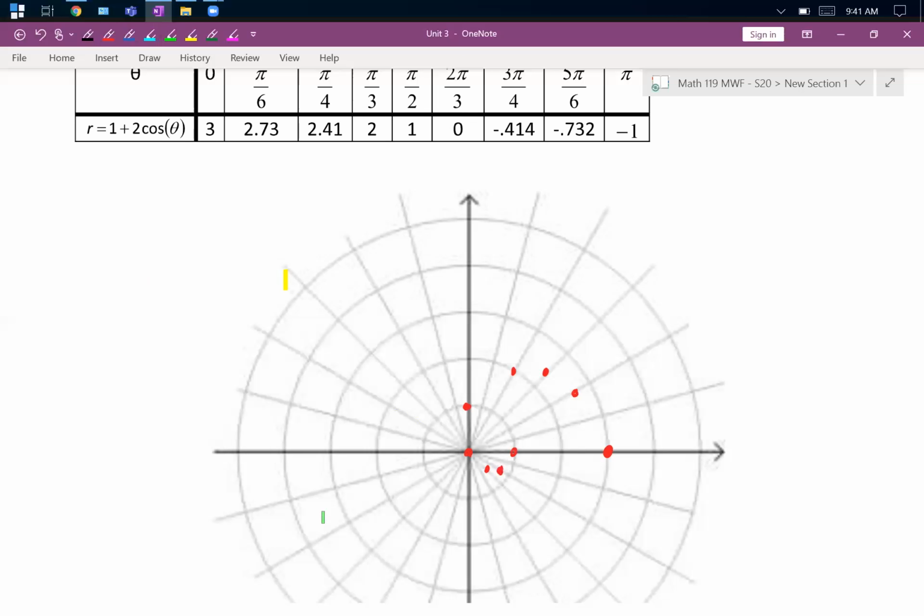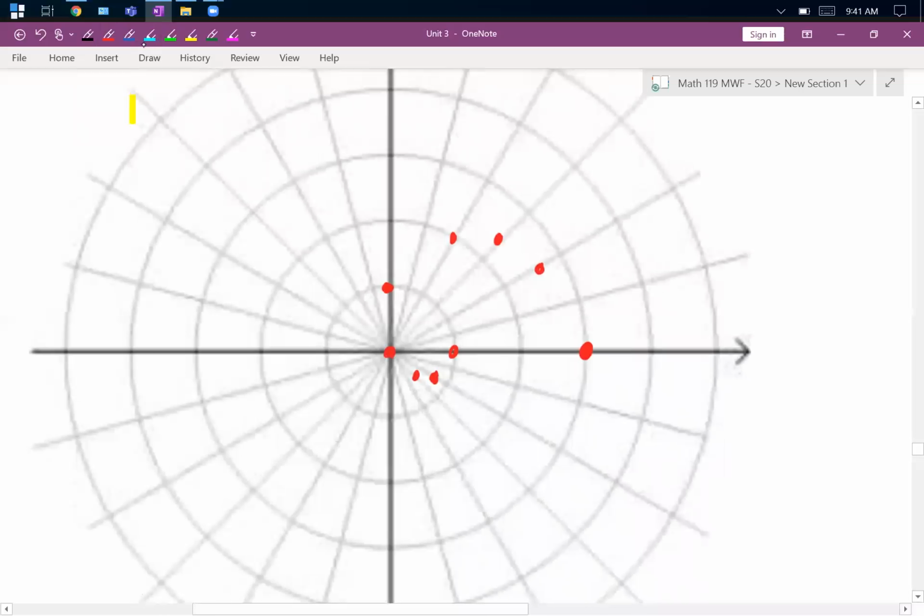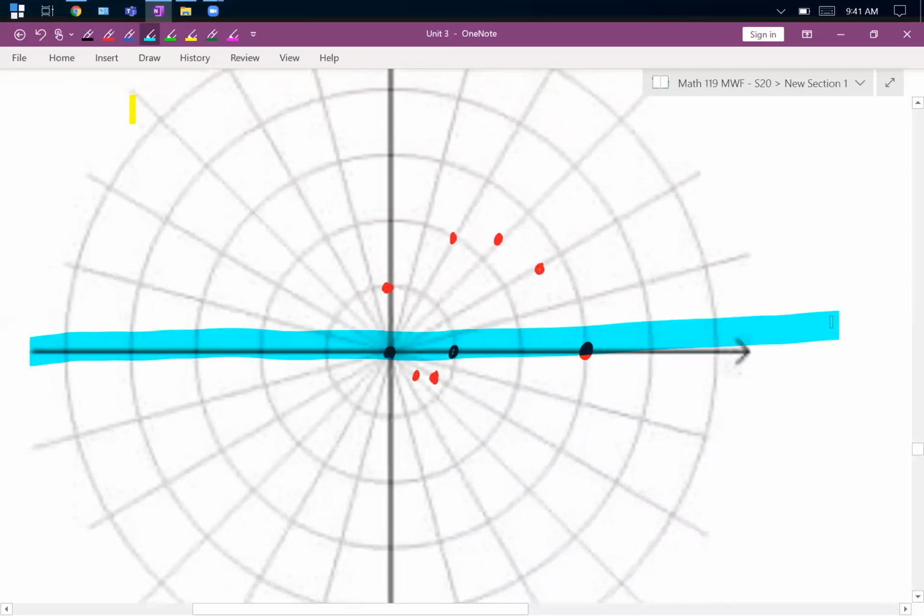Well, our test showed us that this is going to display symmetry with respect to the polar axis right here. Do we currently have the mirror image on either side of our polar axis? No, we don't, right? I don't have matching points on either side. So now I'm ready to create matching points on either side of this line.